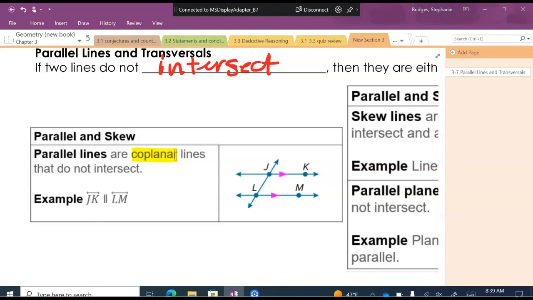Those arrows are the notation to tell you that the lines are parallel. Also, this says line JK is parallel to line MN. Those two little lines right next to each other are the abbreviation for parallel. So when you see that, that's what that means. Is everybody okay with that?